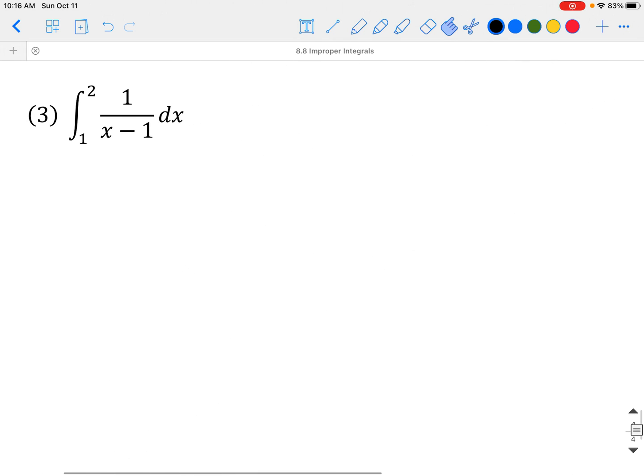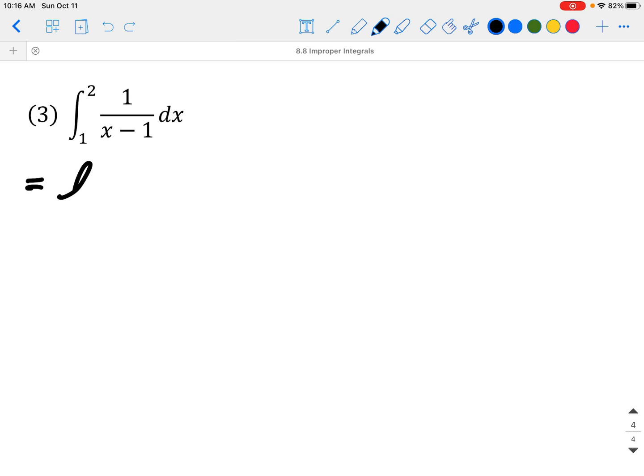All right, so let's look at example 3. So for this one, by our expression, we can see that we're going to get a natural log. So that's going to make it so that you might think that it doesn't converge. So let's just note that our discontinuity is at the left endpoint.